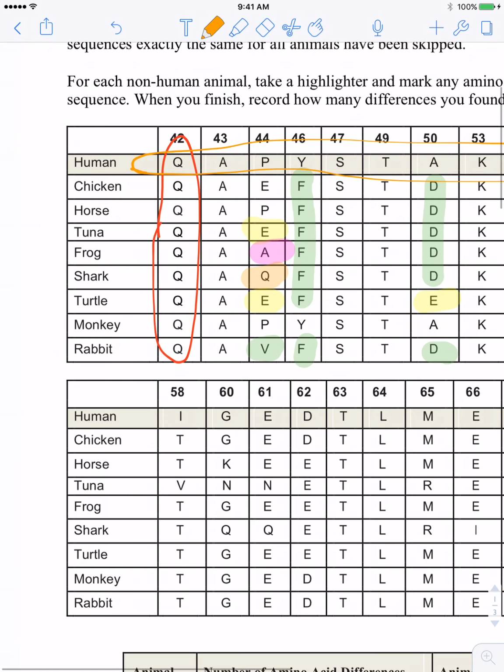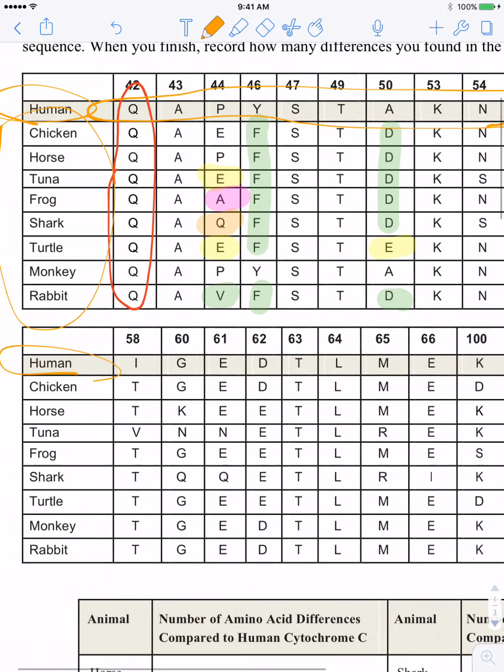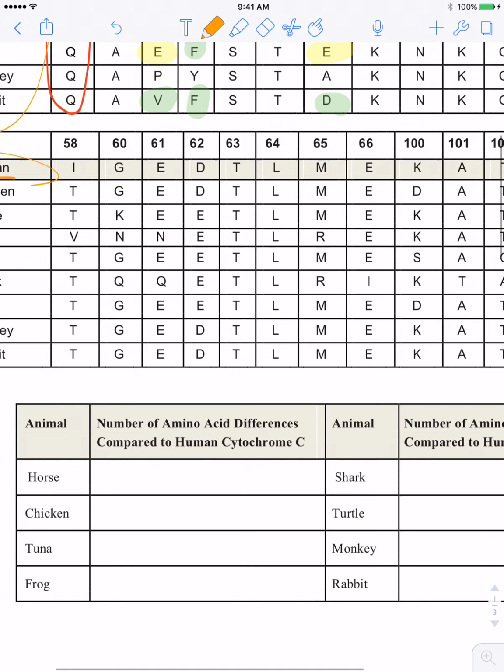And the human is in the olive colored row right here in the two charts. So all you got to do is go through all the other organisms and find any differences from the human code that's highlighted in the olive row. And after that, you're going to count the differences.